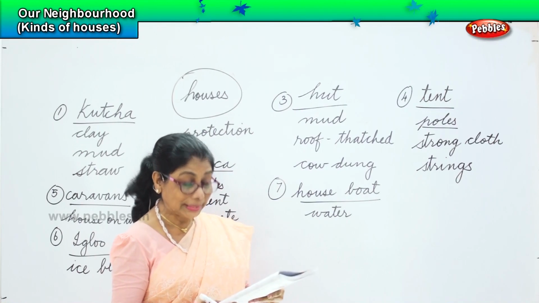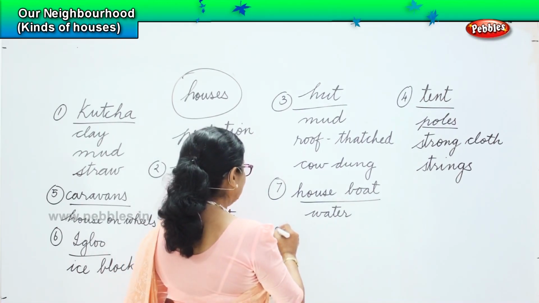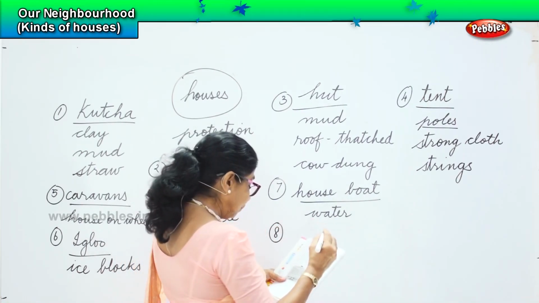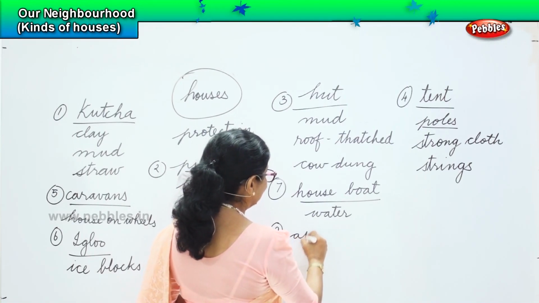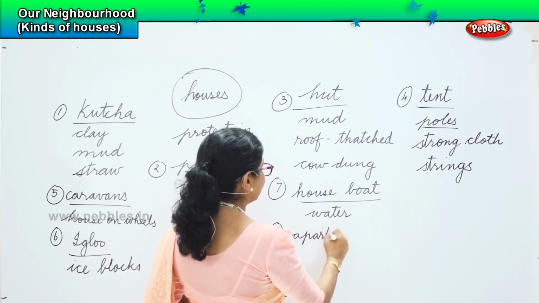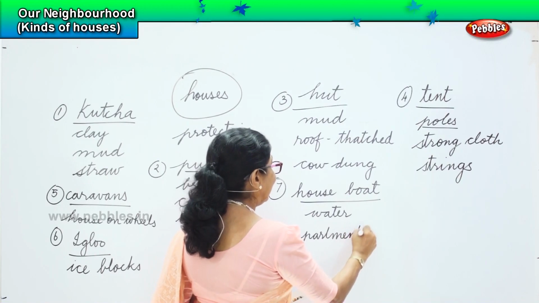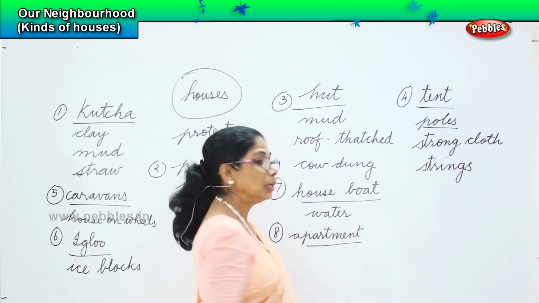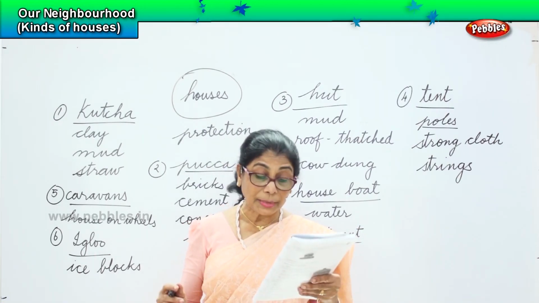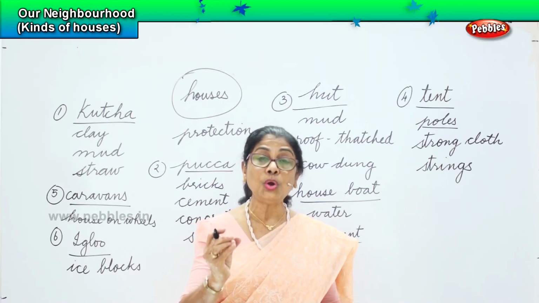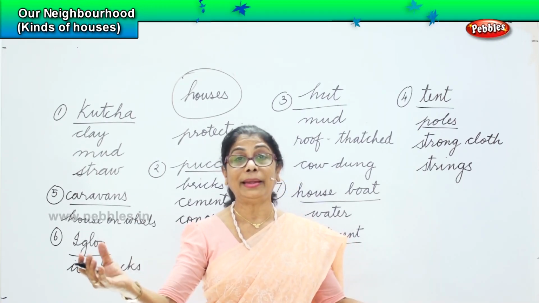Next one is another type of house, the apartment. Today, because of lack of space, people live in apartments. What is an apartment? It's a small house in a huge building.